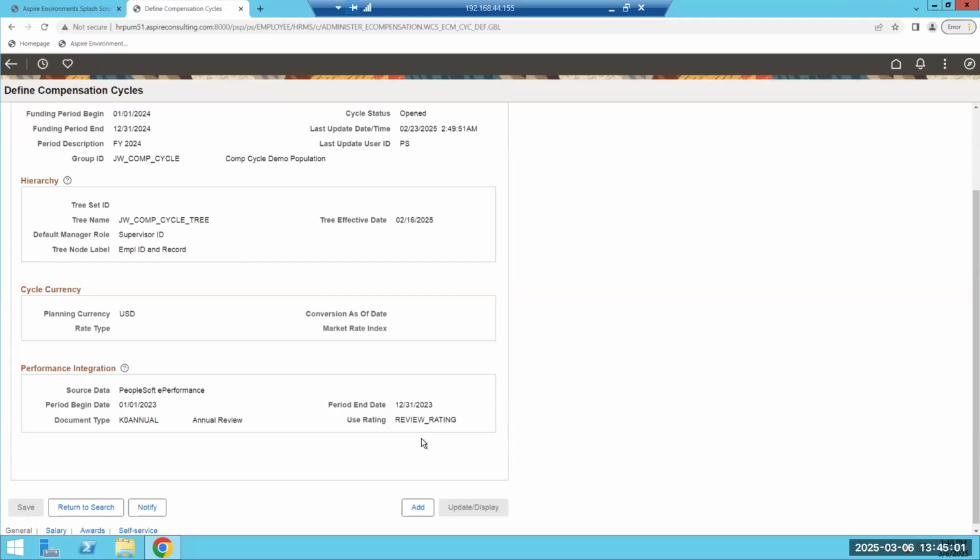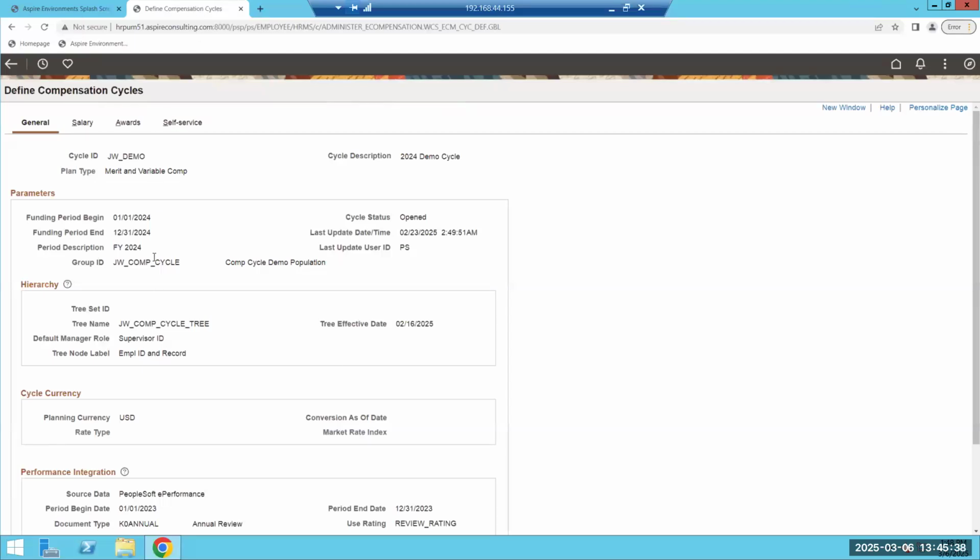That's how you can incorporate ratings coming from a third party performance system, SuccessFactors or whatever. You can pull the ratings out of that system and load them into the table that PeopleSoft provides, and that way those ratings will get pulled into the comp cycle and can be utilized in the matrix that we saw to drive the percentage increases.